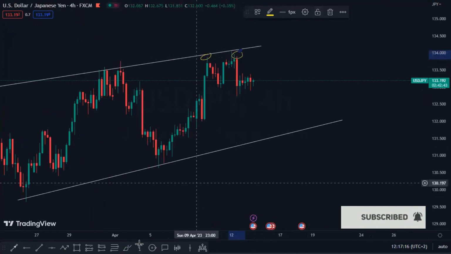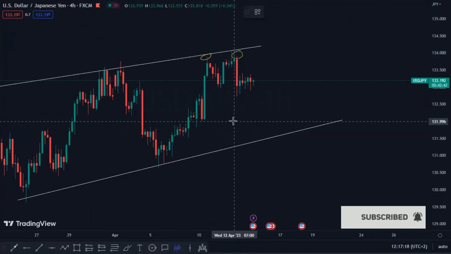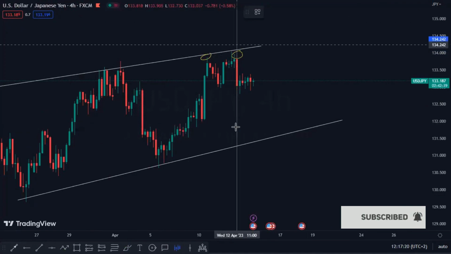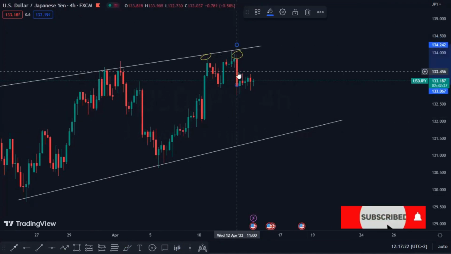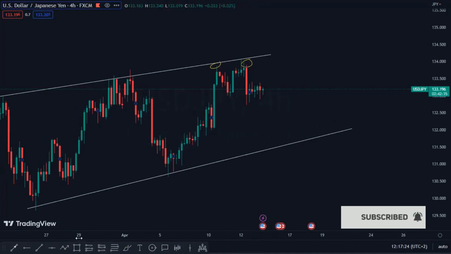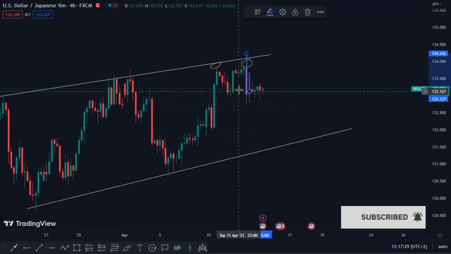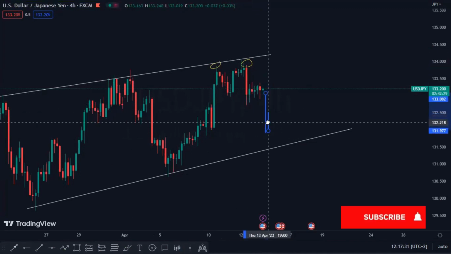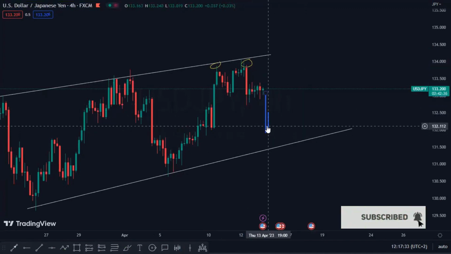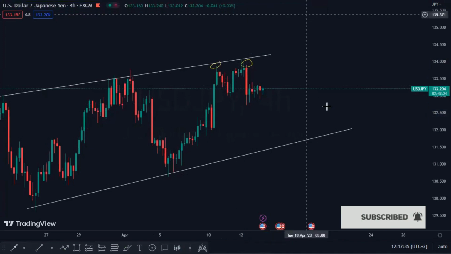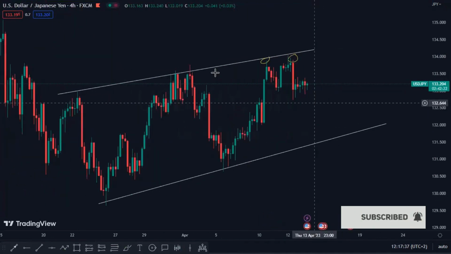So obviously, I'm gonna expect price to just give me that. Let me just mark out this. I'm just gonna expect price to just give me another impulse to the downside, right? So guys, this is just the things you have to be looking into.